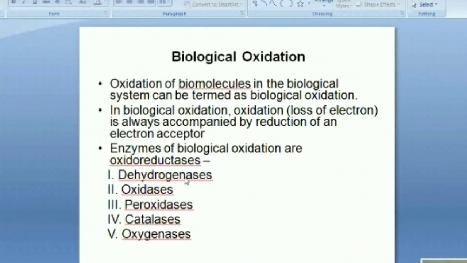And as we mentioned previously, oxidation is always accompanied by reduction. That's why they are termed as oxidoreductases. In enzyme classification, can we remember oxidoreductases? Oxidoreductases. Okay.